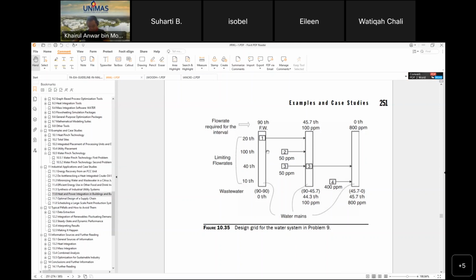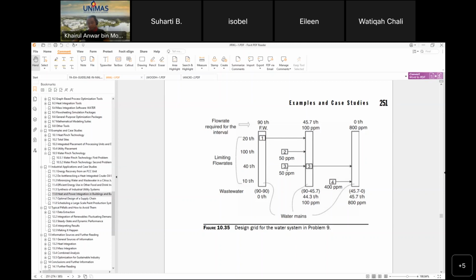So in this case, fresh water one is straight to the second pocket, with number two, the second operation, at 50 ppm.